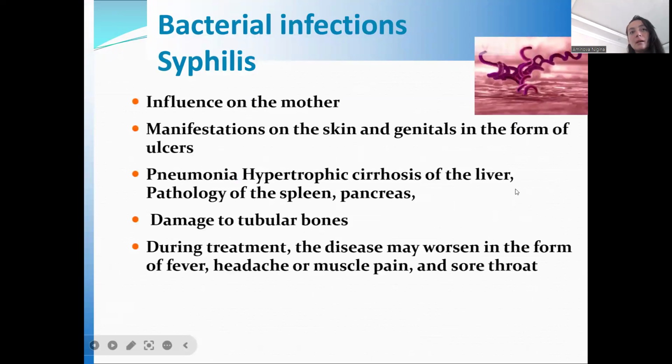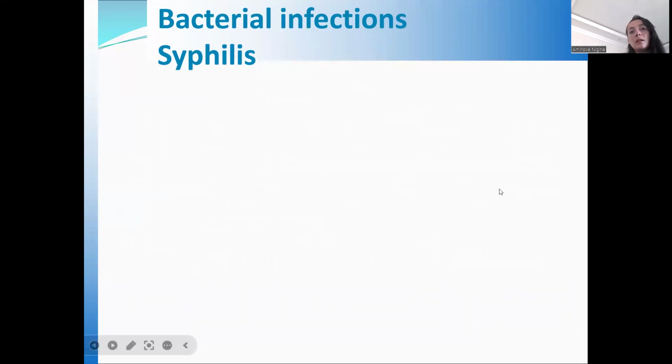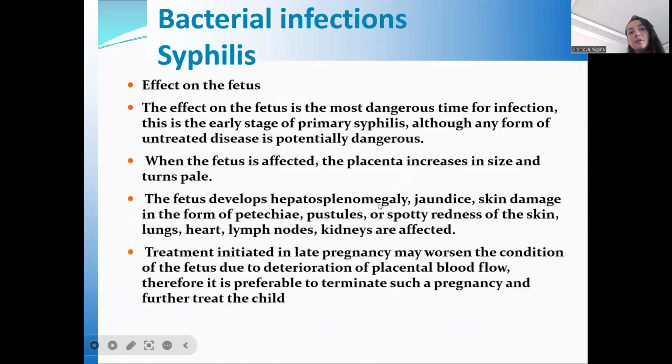What about syphilis? Syphilis also manifests on the skin and genitals in mothers, and in babies also. You can see characteristic changes like splenomegaly, jaundice, skin damage, petechiae, purpura, spotty redness of the skin; lungs, heart, lymph nodes, kidneys are affected during this disease.